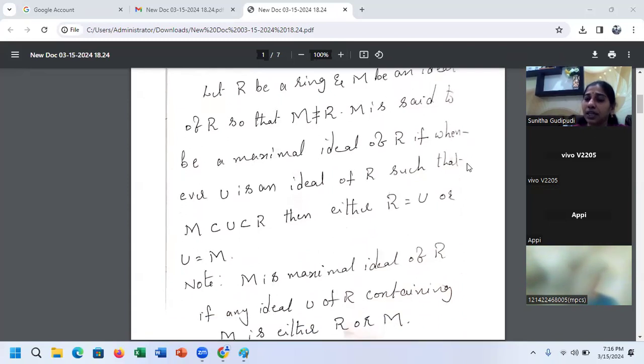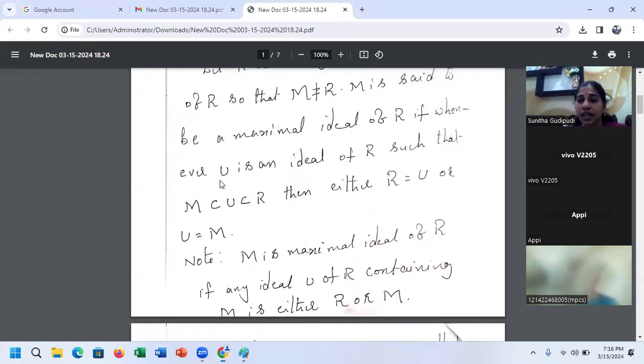In case there is an ideal U of R such that M is a subset of U is a subset of R, then either U is R or U is M.